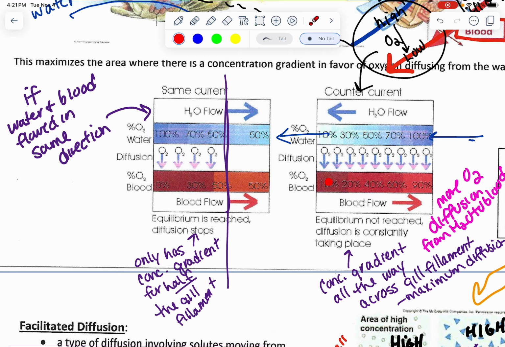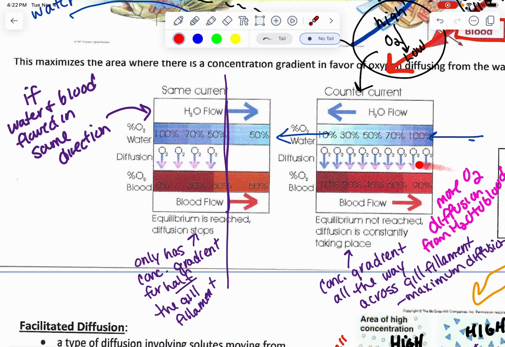So it has the 10% and it's gaining 20. As it goes across, you see how this is getting higher because oxygen is being added to it from the water. What you notice, though, is there's always a higher amount, like 100 to 90, 70 to 60, 50 to 40, 30 to 20, 10 to 10, that's equal.